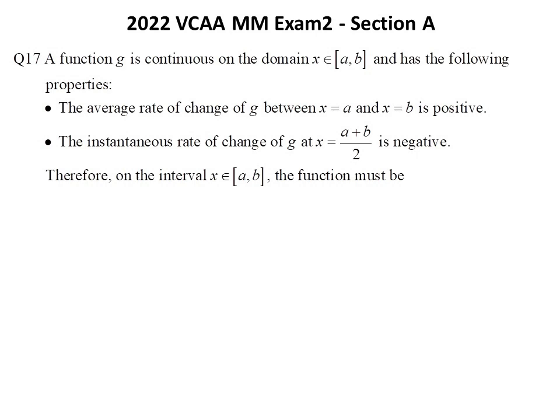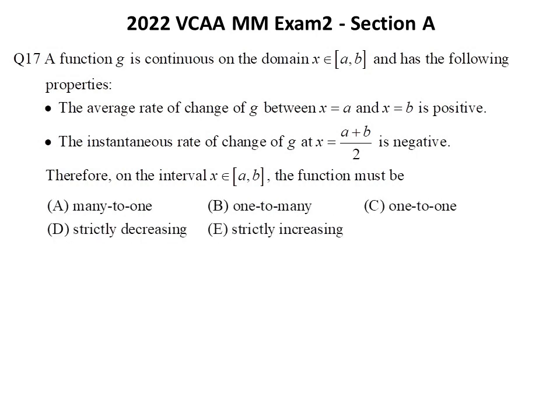The instantaneous rate of change of g of x at the point x equals a plus b all over 2 is negative. The question is to determine whether the function on the closed interval from a to b is a many-to-one, one-to-many, one-to-one, strictly decreasing or strictly increasing function.